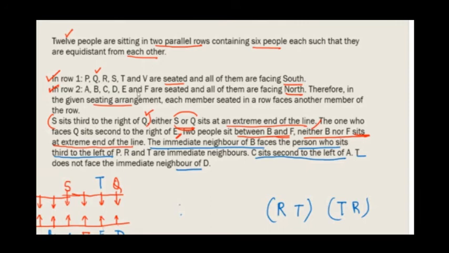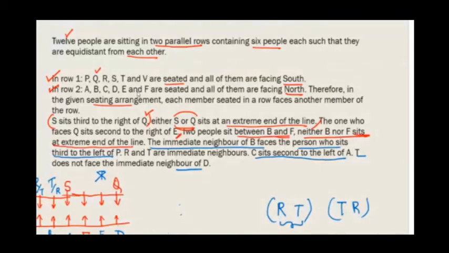F or B. So T does not face means I cannot take T at this position. If I cannot take T at this position, and R and T are always supposed to be together, I can take R or T here, T or R here.